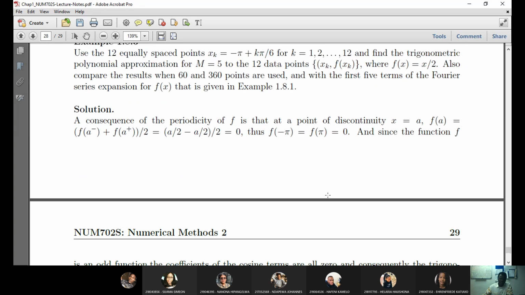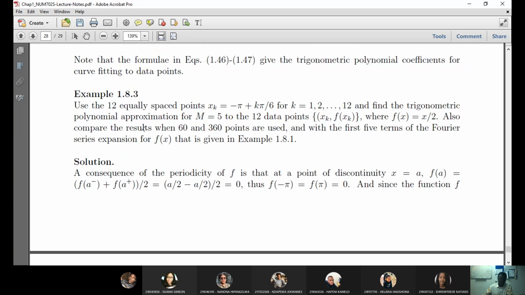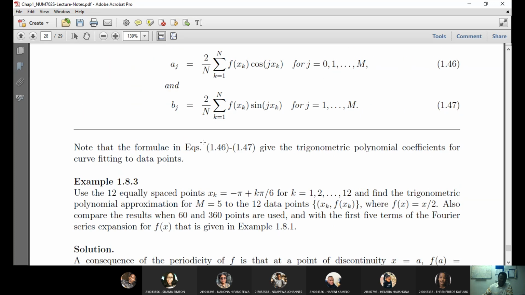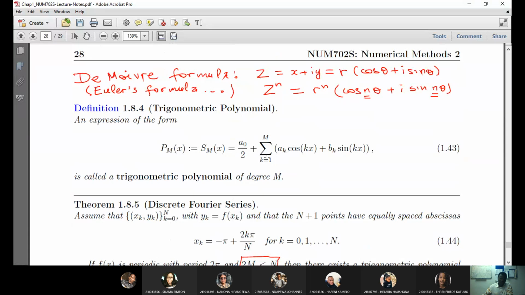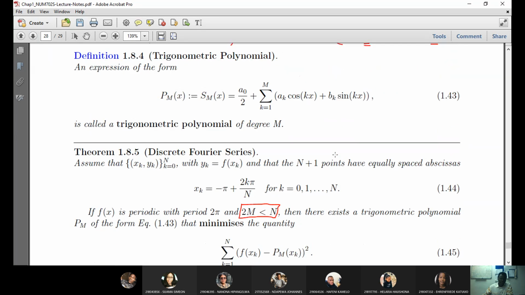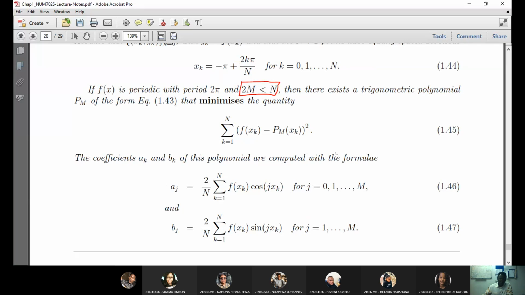Because you see the degree is 5, K starts from 1. Here K takes the values 1, 2, 3, 4, 5. So there should be 5 terms for B. Okay, now I will ask you a question.